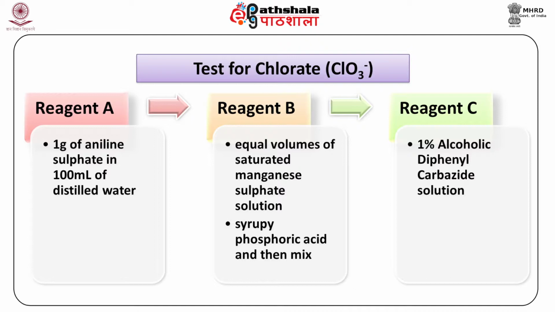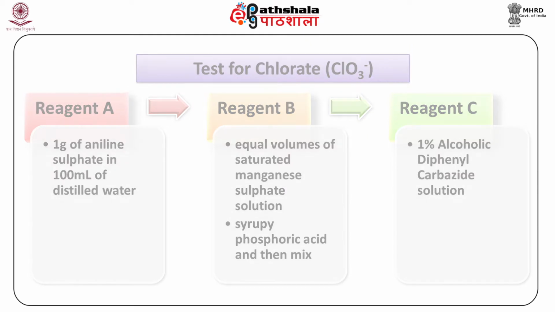Reagent B: take equal volumes of saturated manganese sulfate solution and syrupy phosphoric acid and mix them properly. The solution so formed is labeled as reagent B. Reagent C: 1% alcoholic diphenyl carbazide solution is used as reagent C.